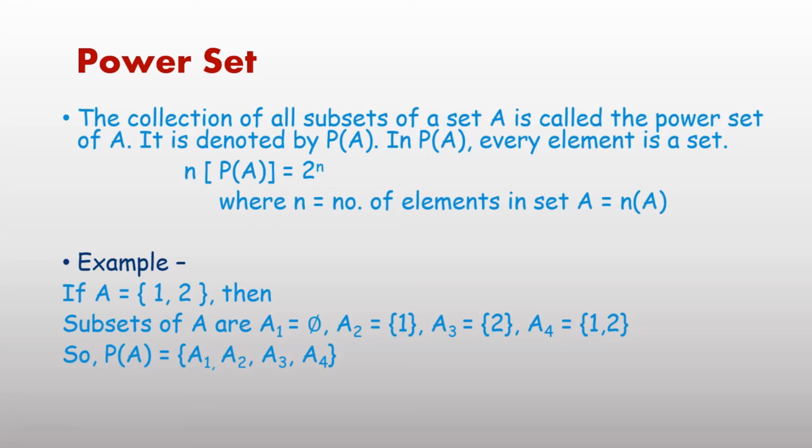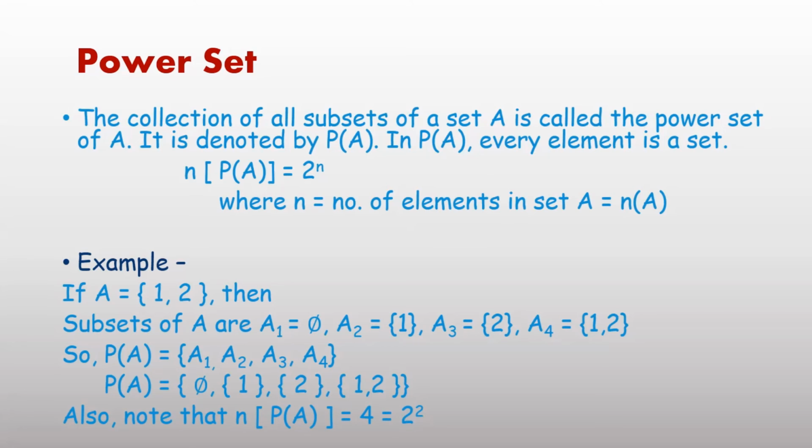So, power set means the collection of all subsets of set A, that is A1, A2, A3, A4. Put the values, and that is known as the power set of A. The number of elements in the power set you can easily calculate as 2 power n, which means 2 power 2 equals 4. I hope the power set is clear here.